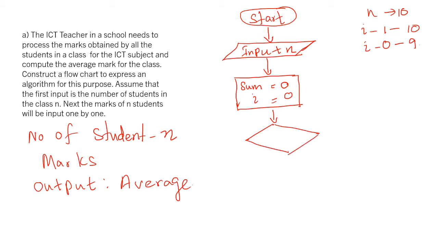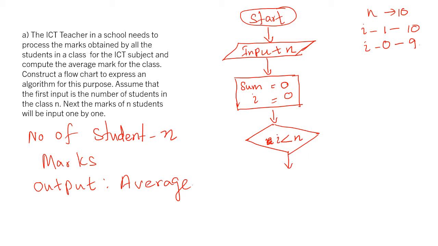I am starting my loop. What is my condition? The I value should be lesser than the n value. Since I've used 0, the I value should be lesser than n, so it goes up to 9.